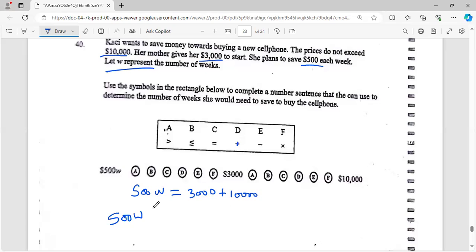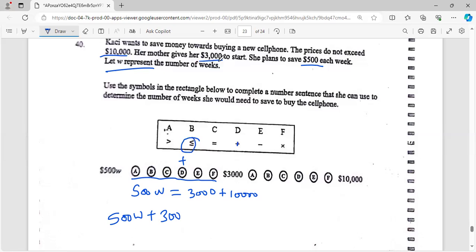Plus, I would choose plus because the mother already gave her that towards it, right? So whatever she saved plus what her mom gave her, I would use plus. Sir, that's what I have. Yeah. So you add this, you choose a plus here, which is E. All right, and then I would choose less than or equal to. Because listen to what they say.